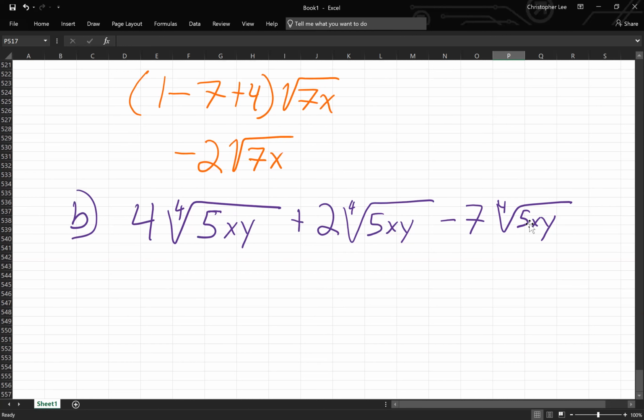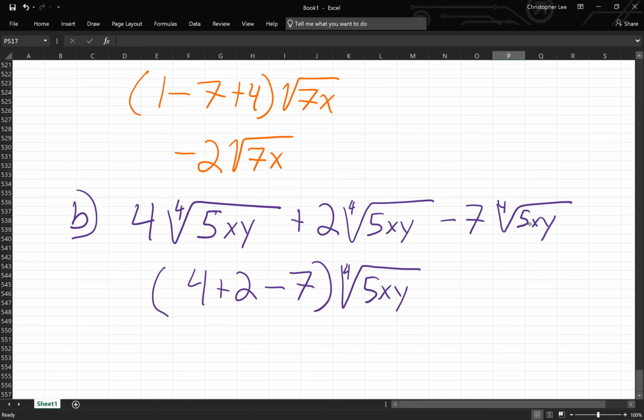So okay, for B now, I got 4th root of 5xy plus 2 times the 4th root of 5xy minus 7 times the 4th root of 5xy. I notice they have the same index and the same radicand, so I'm just dealing with the numbers in front. So what do I have? You could just write it; I'm just doing that so that you can see where it's coming from.